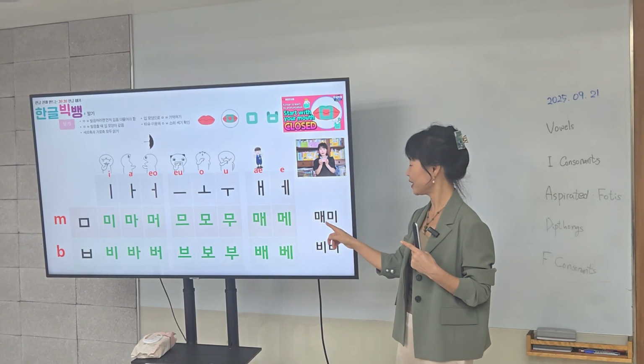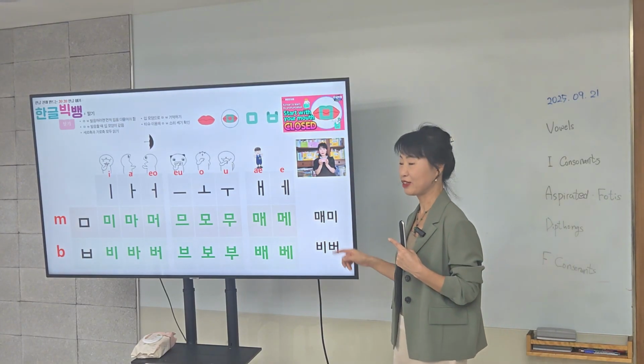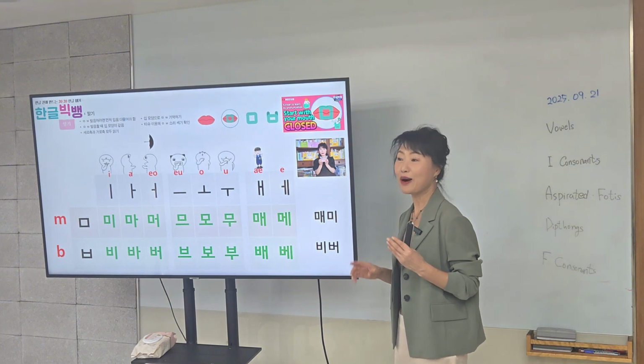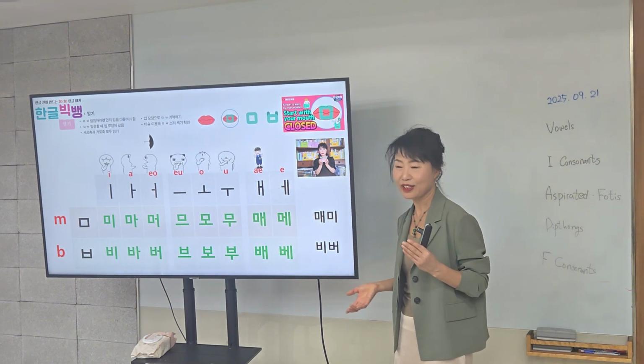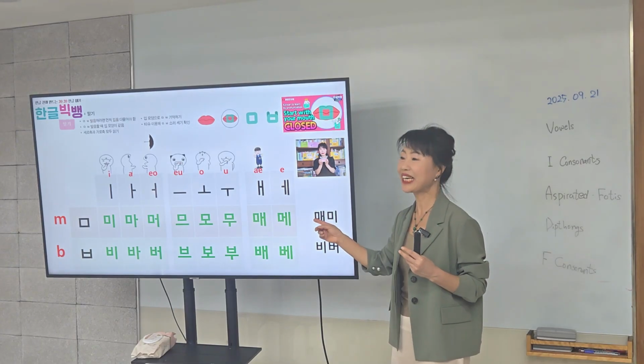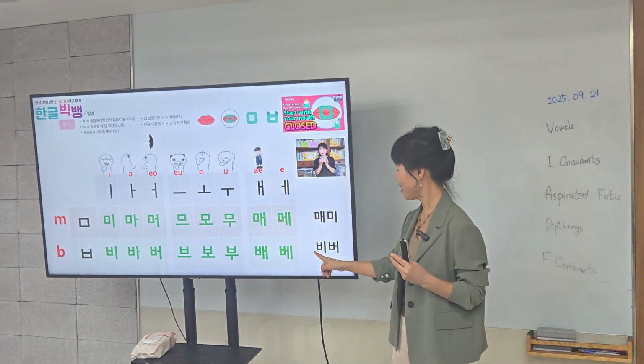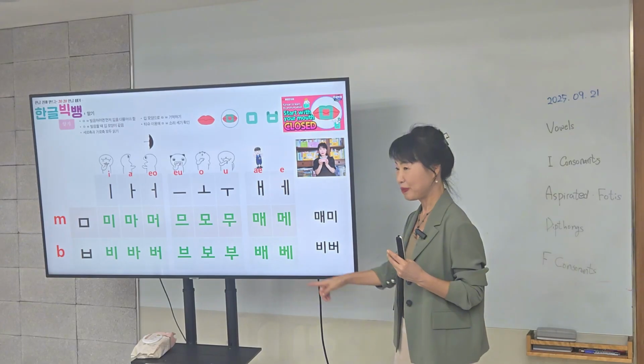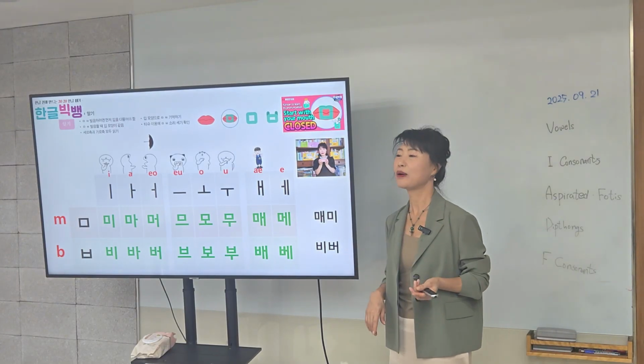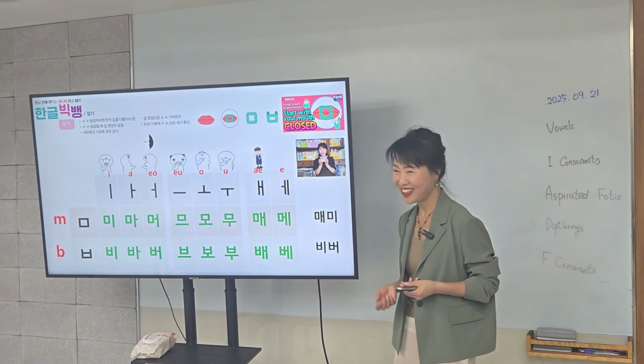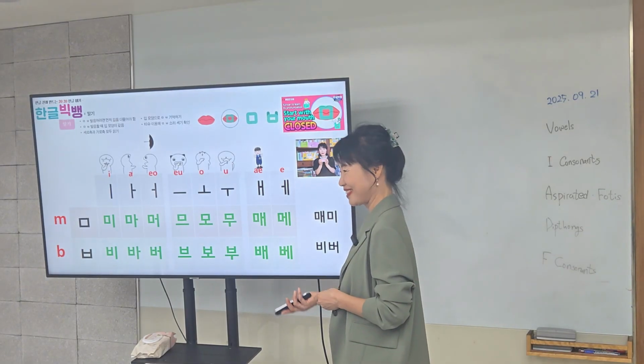Okay, so can you read this word? Memi. Do you know what memi is? They sing like this, so we call them memi. It is a cicada. And this? Yeah, beaver. A beaver is the cute animal in the lake.